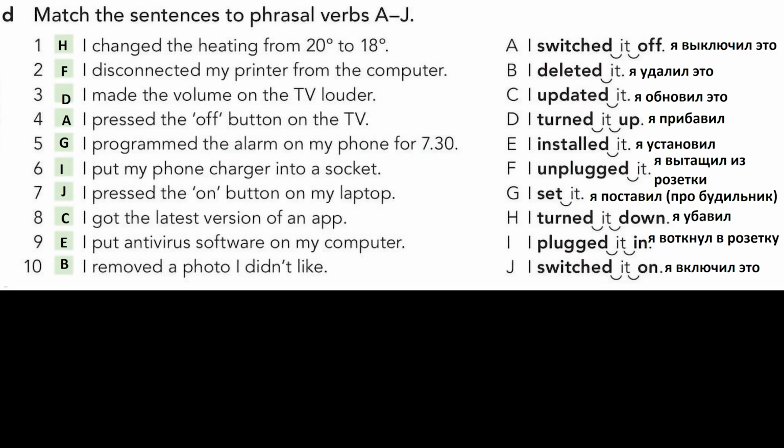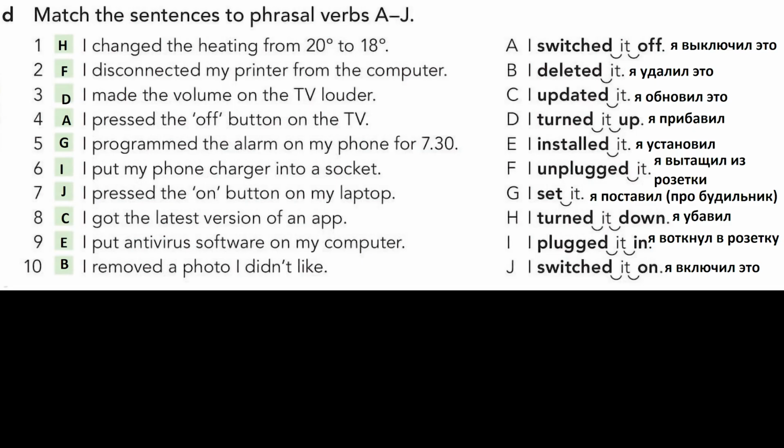I turned it up. 4, A, I pressed the off button on the TV. I switched it off. 5, G, I programmed the alarm on my phone for 7:30. I set it. 6, I, I put my phone charger into a socket. I plugged it in.